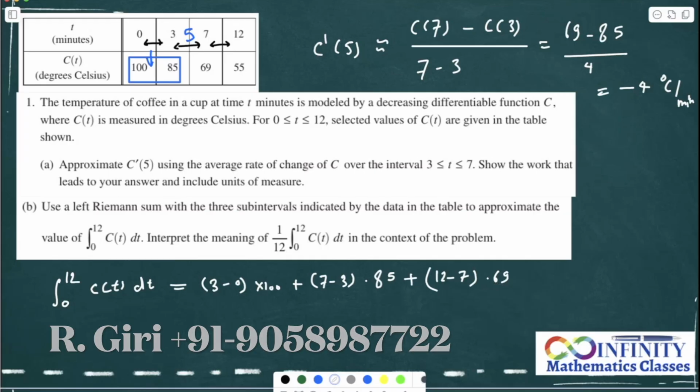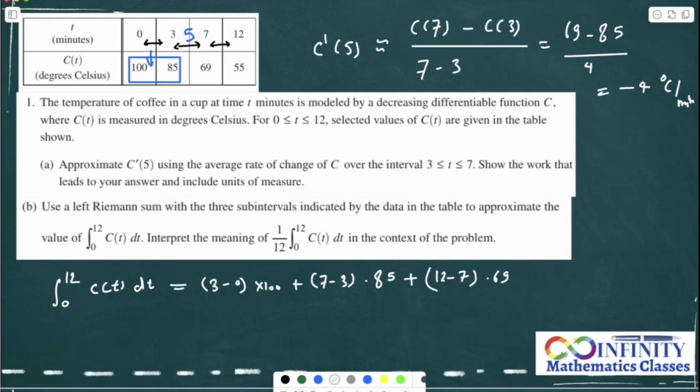Just calculate the value and you will be getting the answer. And then after that they're asking you what is 1 over 12 integration 0 to 12 C(t). This is the average value. Average of C(t) in the interval 0 to 12. That is all. Is it difficult?